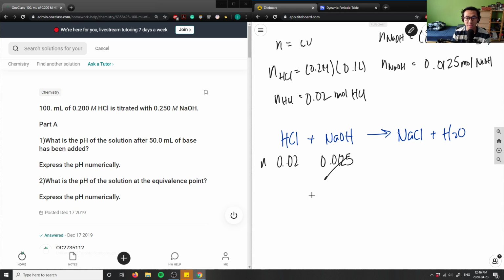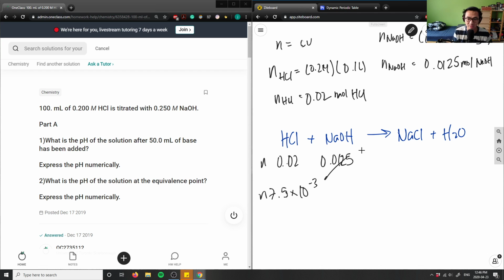So I can cross this out here, and figure out how many moles of HCl are left. We have 0.02 minus 0.0125 left, so I would be left with 7.5 times 10 to the negative 3 moles of acid, right?